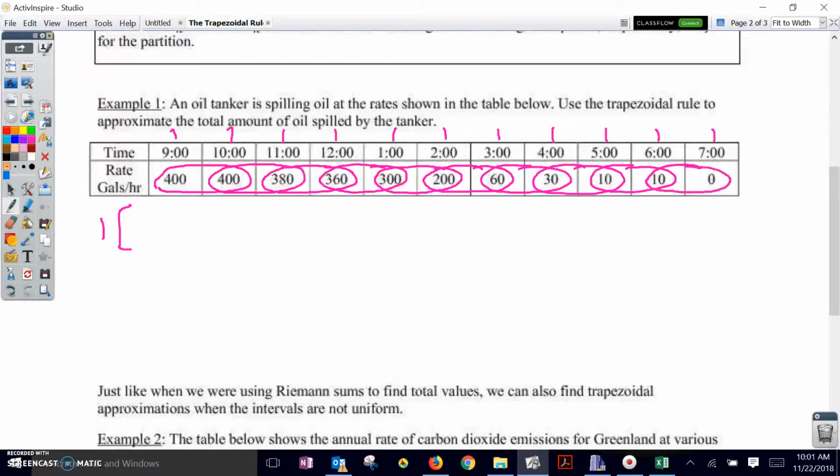You'll see that all the measurements in the middle get counted twice in their respective averages, whereas the measurements on the endpoints only get counted once.